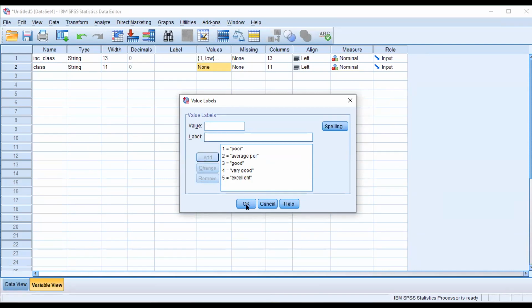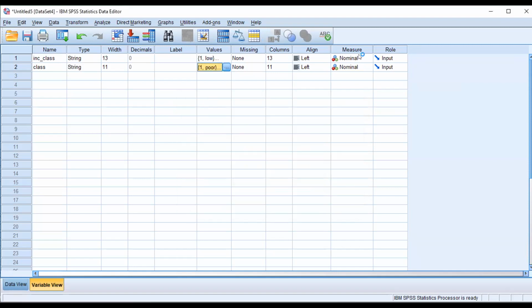Okay, this is my data set now, and they are all ordinal.